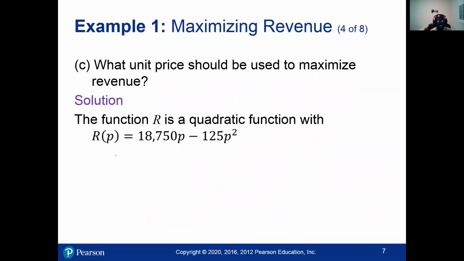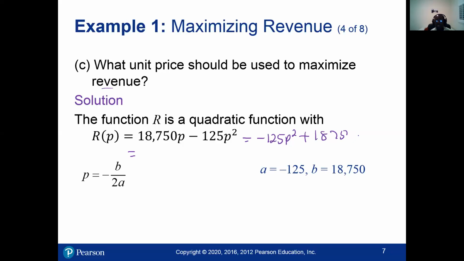All right, let's go to part C then. It asks, what unit price should be sold to maximize revenue? By the way, it is a quadratic function, so we're going to have a maximum point. Now we can rearrange this into minus 125p squared plus 18,750 times p.